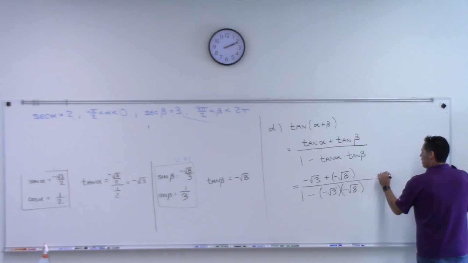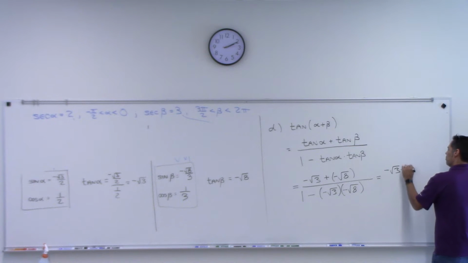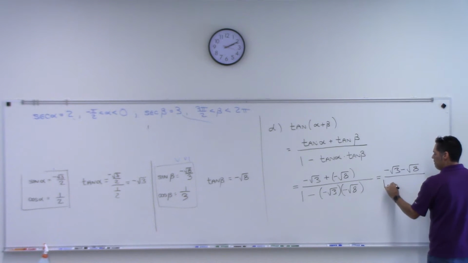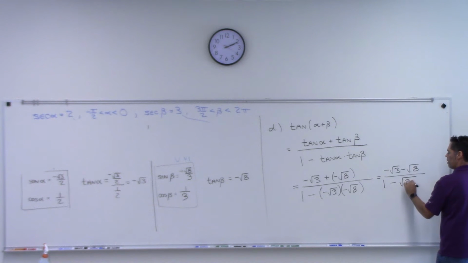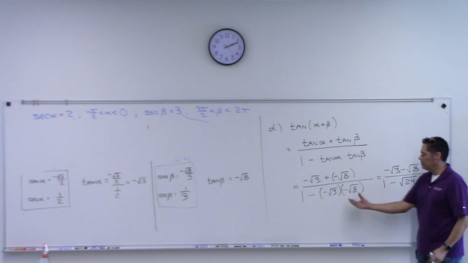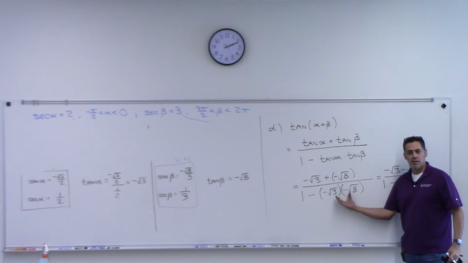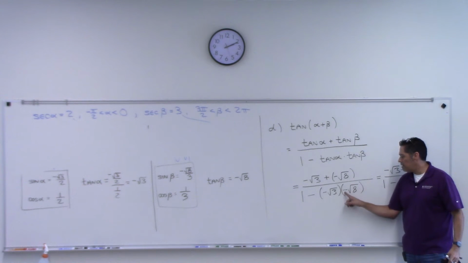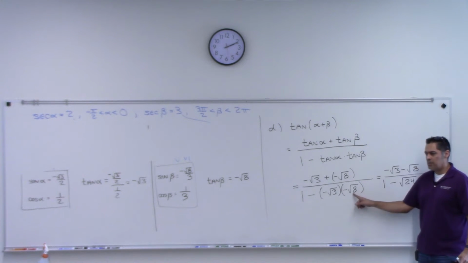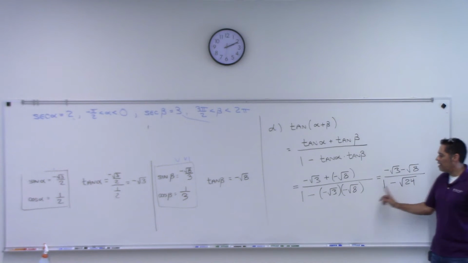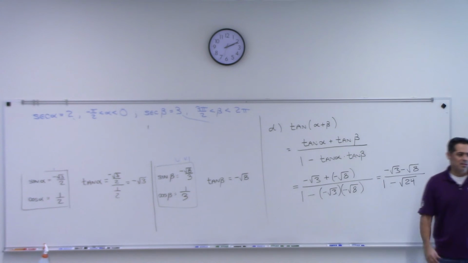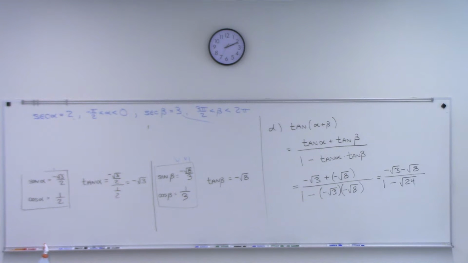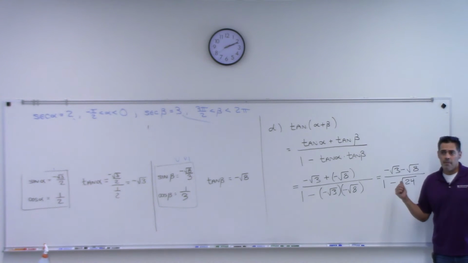I'll write this as negative root 3 minus root 8 over 1 minus root 24. Those two you can put together because you're multiplying: negative times negative is positive, 3 times 8 is 24. Put that under the root, and the minus sign is still from here. I just leave it like that. Is that good? Yeah.